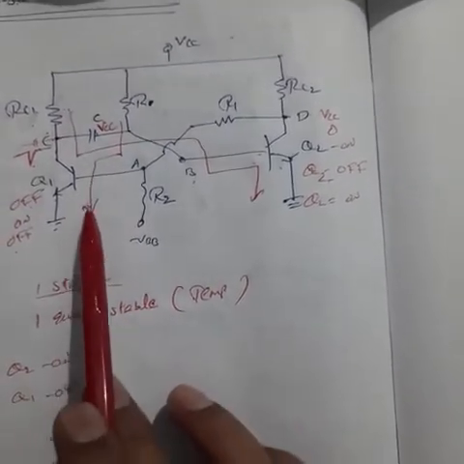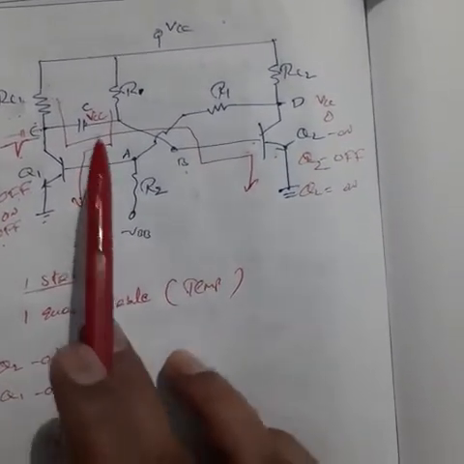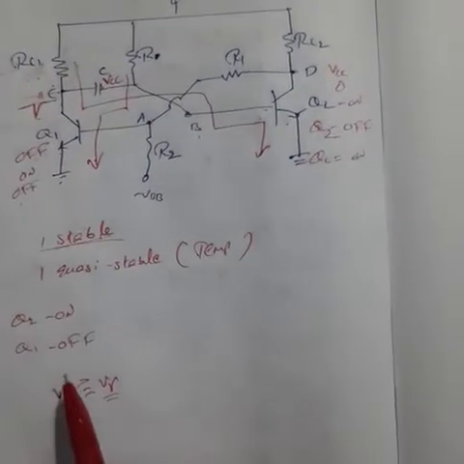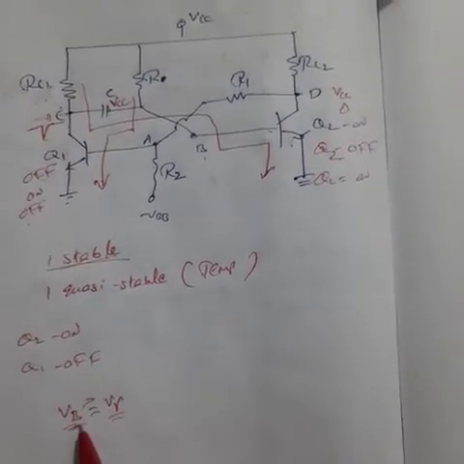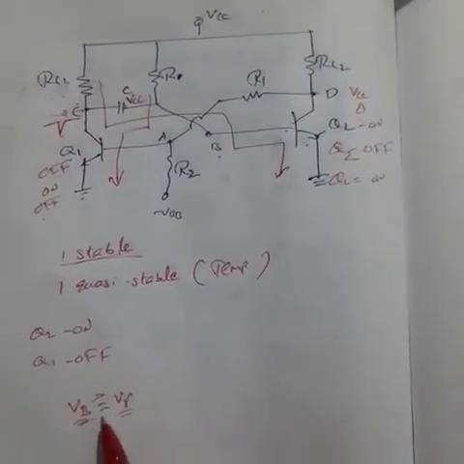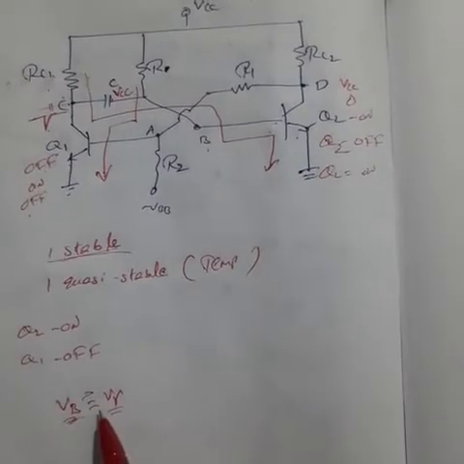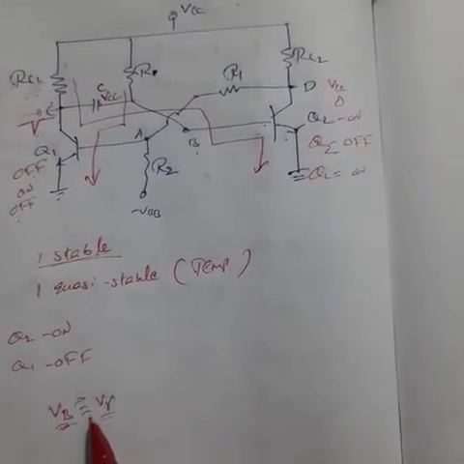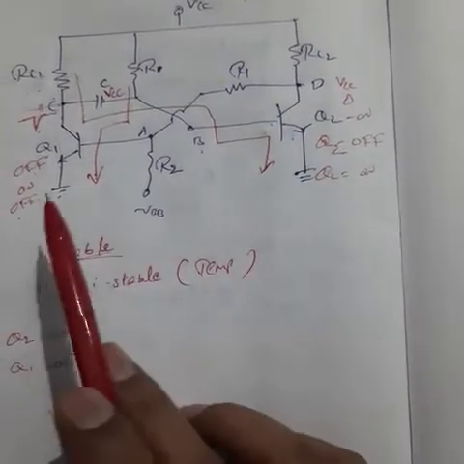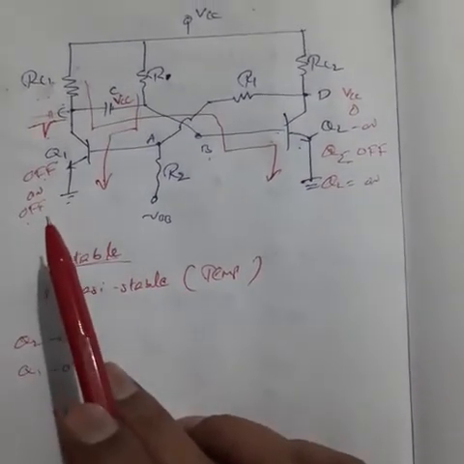Okay. Next, when the capacitor's discharging voltage reaches a point where VB is equal to the cut-in voltage or greater than the cut-in voltage, at this condition transistor Q2 becomes on. If Q2 is on, then Q1 automatically becomes off.